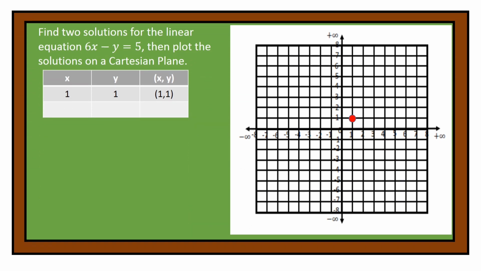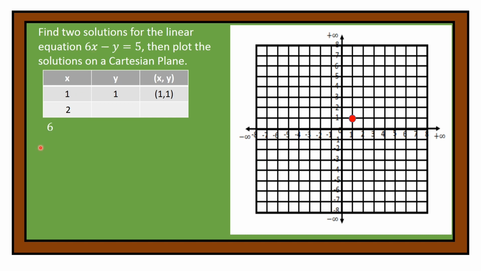Okay, so another solution, we are looking for the second solution of the equation 6x minus y is equal to 5. So let us assign another value of x. Suppose x is equal to 2. So again, substitute 2 in the variable x.